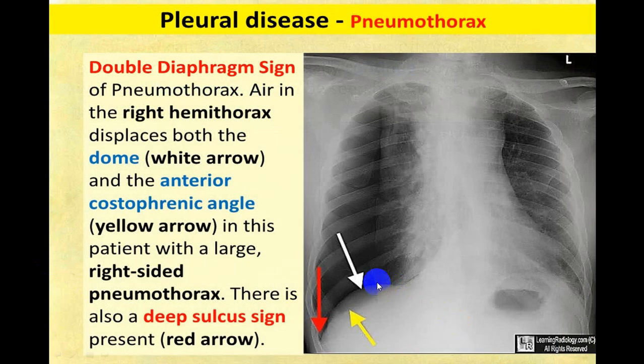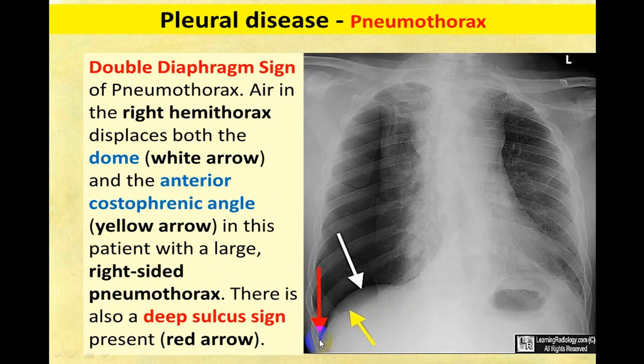Can you see clearly here the margin of the lung? You can see a double shadow in the diaphragm. So this is called double diaphragm, or double dome of diaphragm. You can see two separate domes of diaphragm. Is it clear?